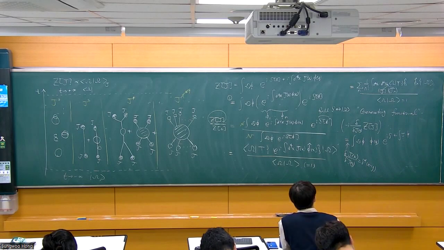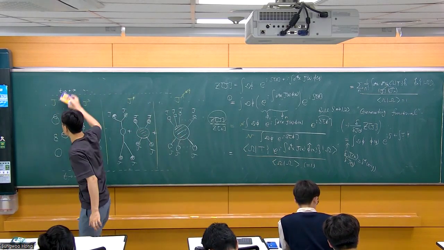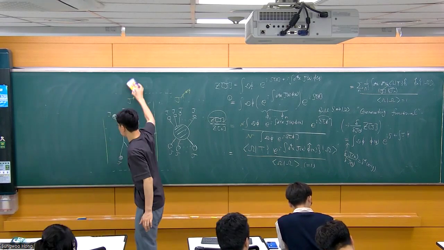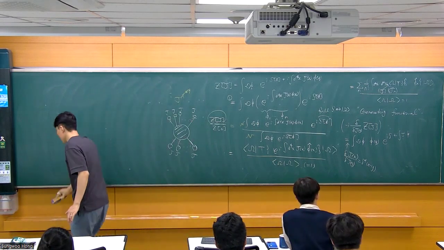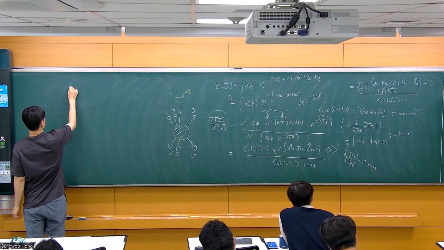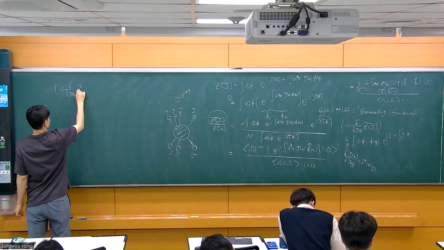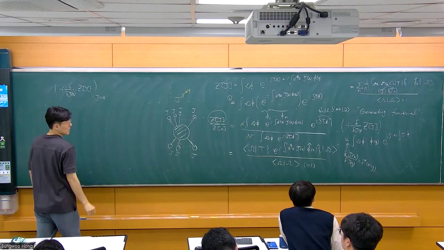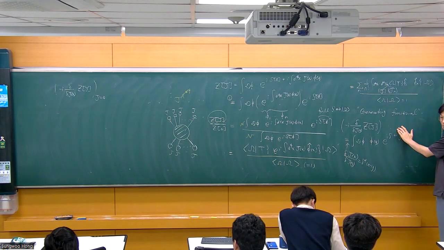So from that, it's clear that if I have done the functional derivative with respect to J of x with minus i, acting on J, and then set J to 0 at the end, you get this, right?